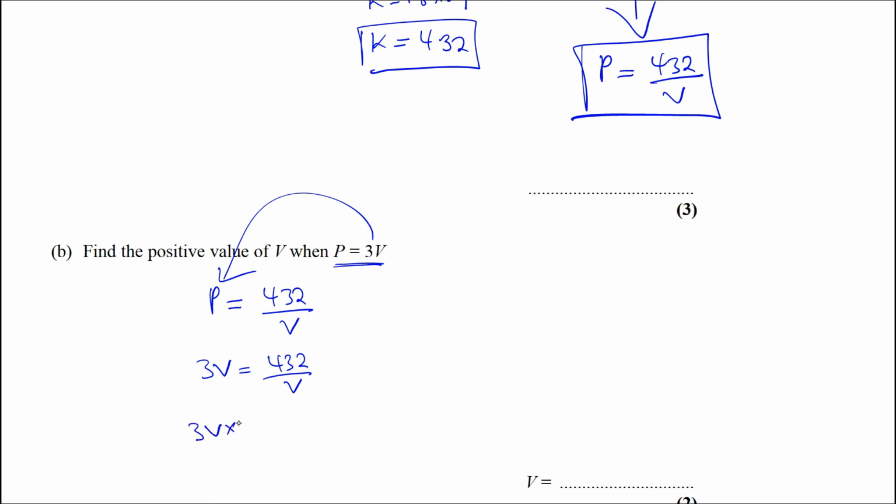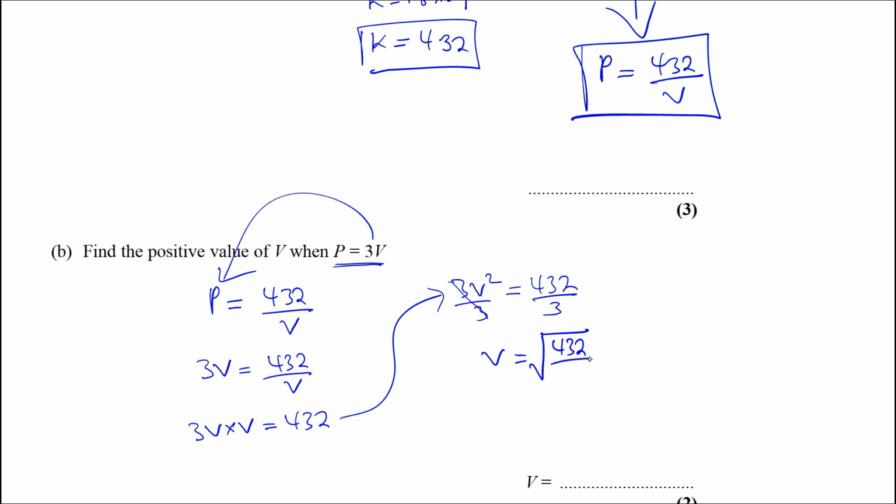So 3V multiplied by V will be equal to 432. That implies that 3V squared will be equal to 432. Then divide by 3. So V squared will be equal to 432 over 3. The opposite of squaring is square root, so V will be equal to the square root of 432 over 3, and that will be equal to 12. So the positive value that's required here is just 12.